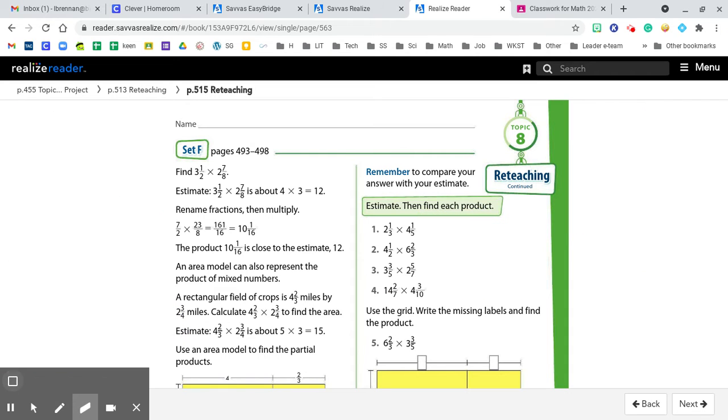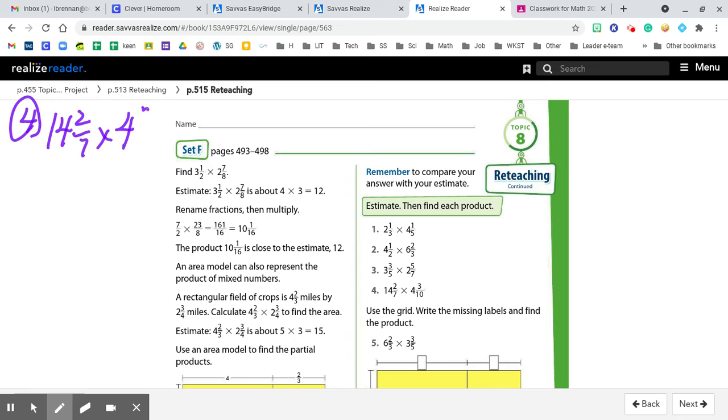Let's try number 4. 14 2/7 times 4 3/10. 14 times 7 is 98, plus 2 is 100. 10 times 4 is 40, plus 3 is 43.